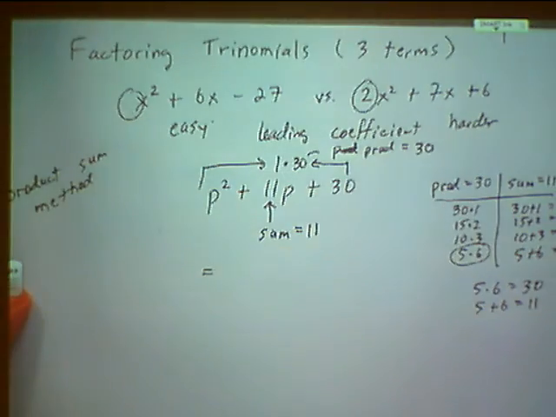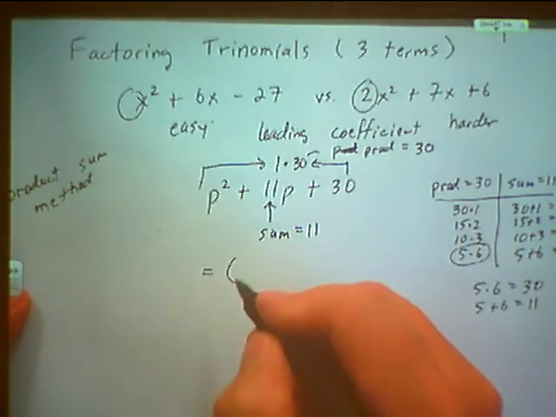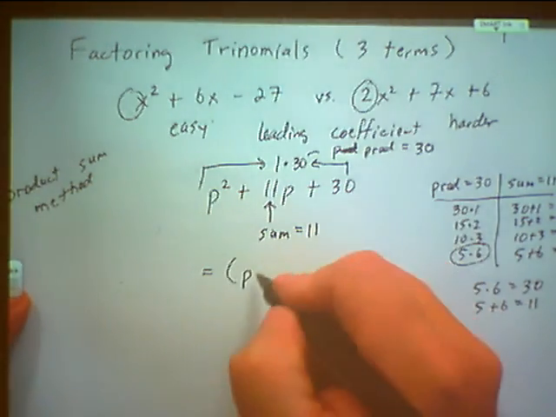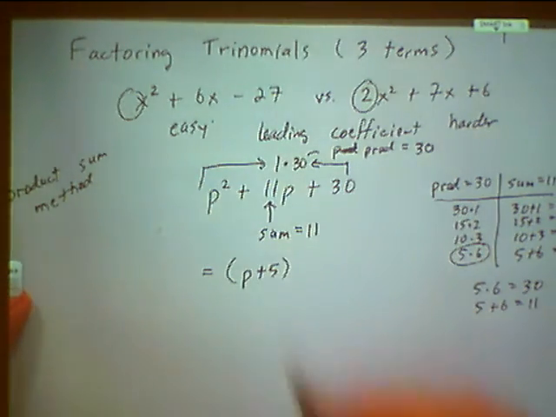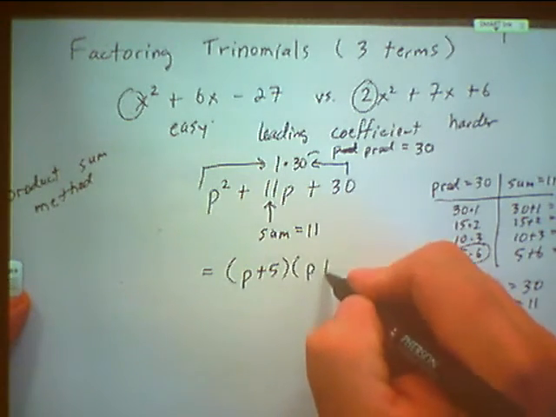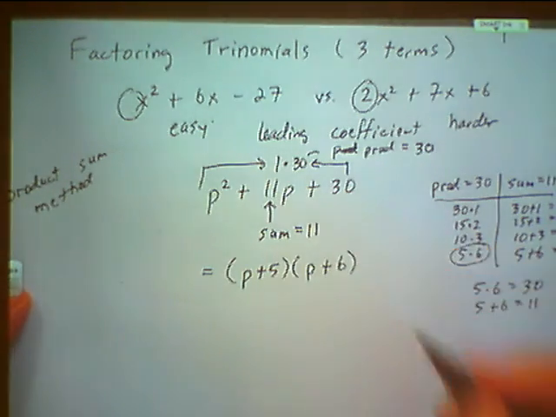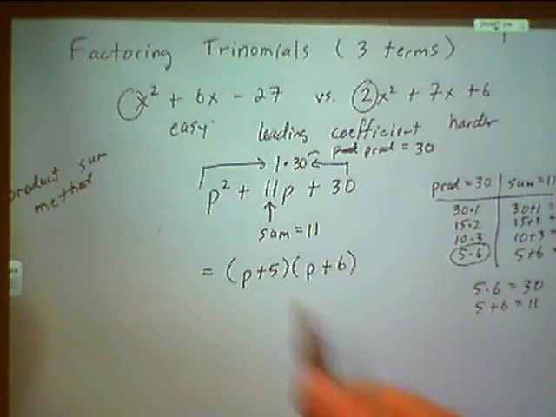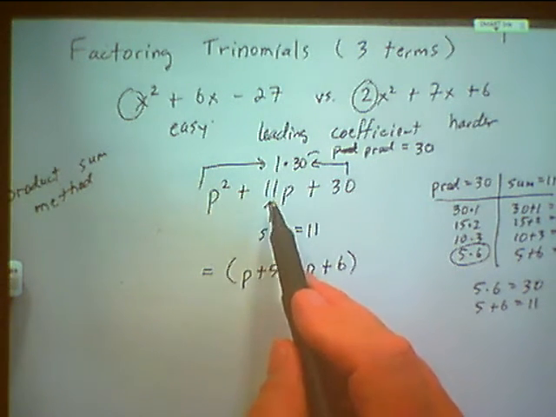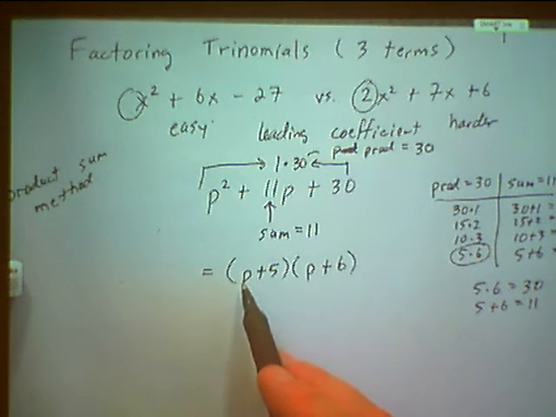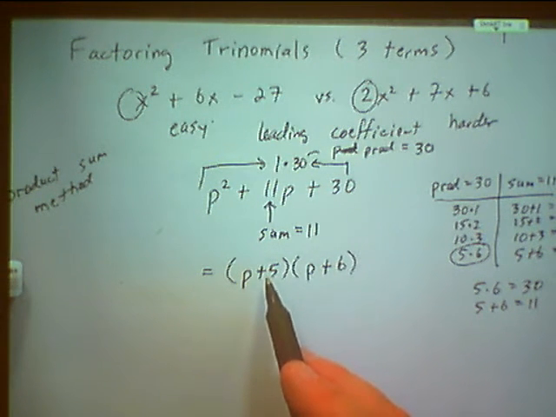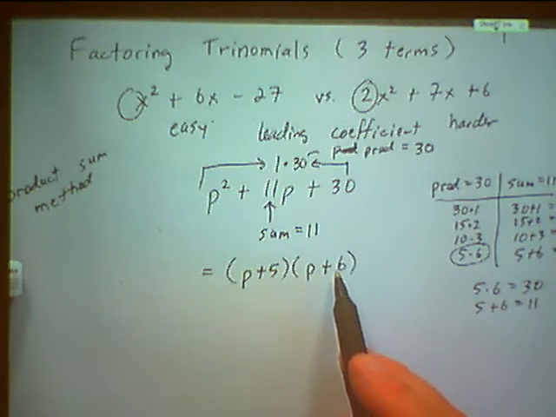You can already factor, and you simply put your variable and one of your factors, positive 5, so p plus 5 in parentheses, times p, and then my other factor, positive 6, p plus 6. So p squared plus 11p plus 30 factors into parentheses p plus 5 times in parentheses p plus 6.